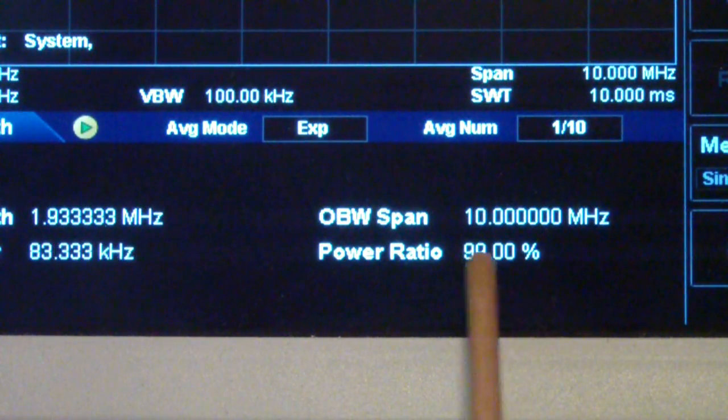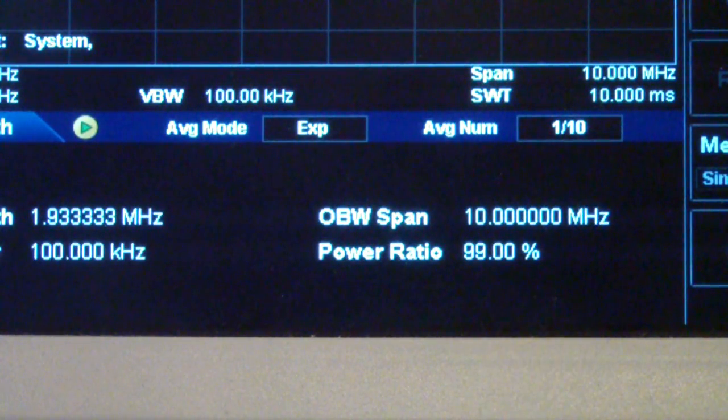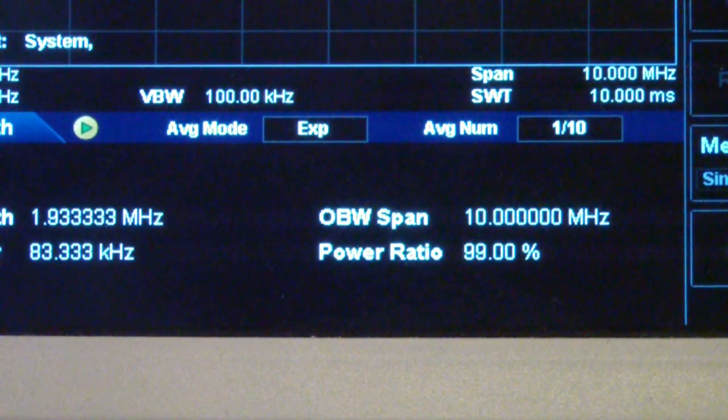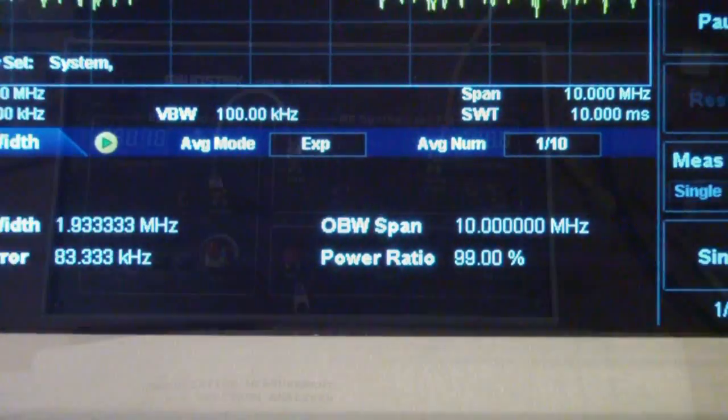If you recall, on the Instek we were using 90%, and we did that not because the Instek can't do 99%, it's just that in the Instek manual the experiment is set at 90%. So that is how you do adjacent channel power ratio and occupied bandwidth on the Rigol DSA 815.